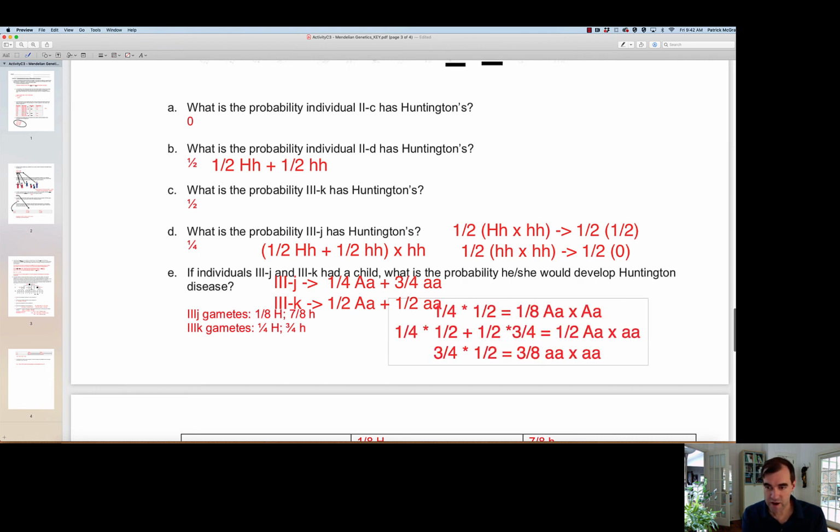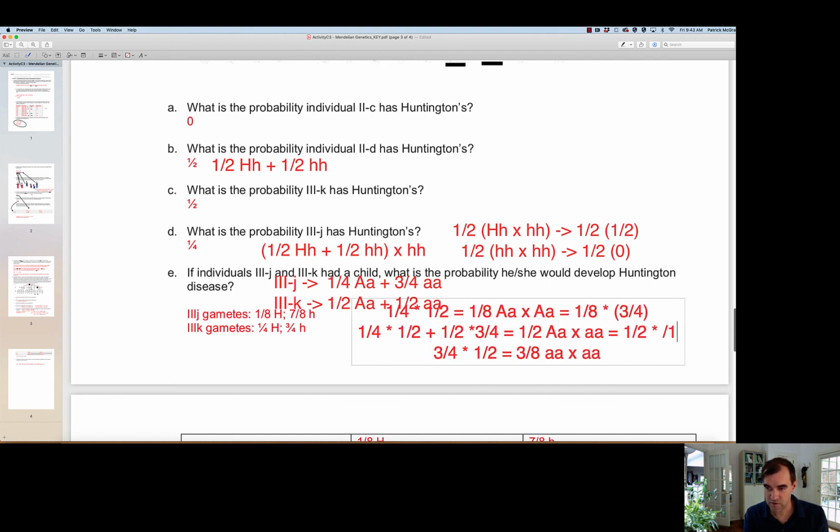And so now again, we just need to multiply that by the probability that that cross produces an individual with Huntington's. So in this case, it's 3/4. So there's a 1/4 chance it would be big A, and a 1/2 chance that it would be big A, little a. So there's a 3/4 possibility. And then for this one, it would be 1/2 times 1/2.